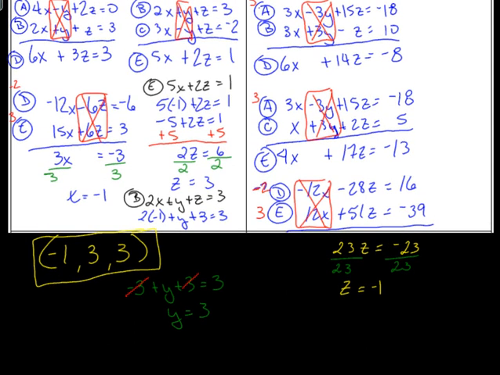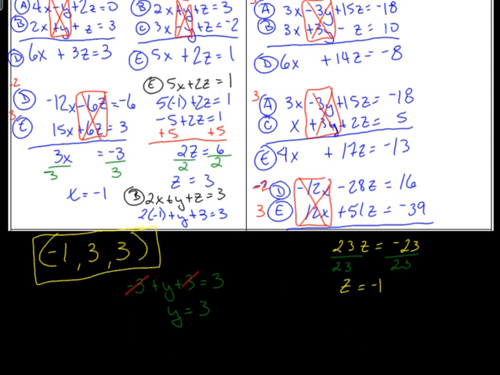I need to go back to one of my equations, D or E, to find my x variable. So here I'm going to use equation E just because the numbers are smaller. So I'm going to do 4x plus 17 times negative 1 is equal to negative 13.